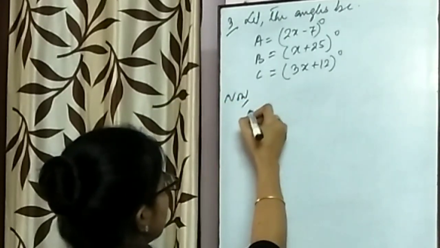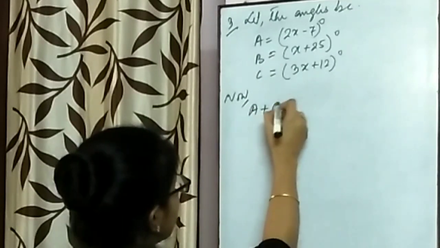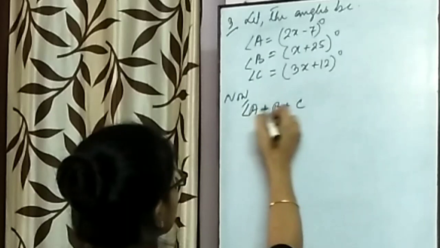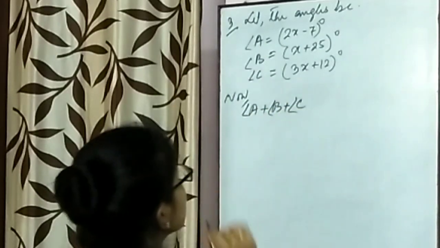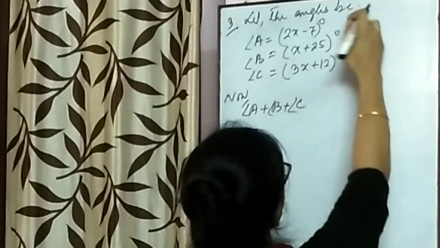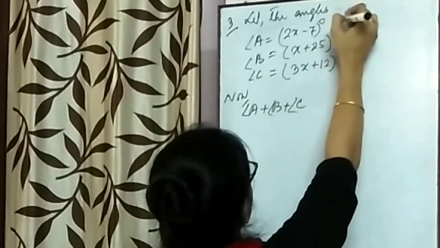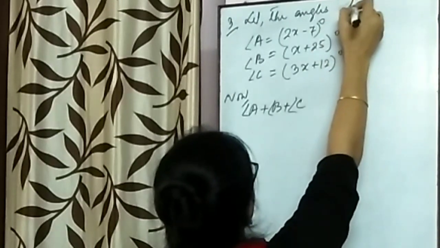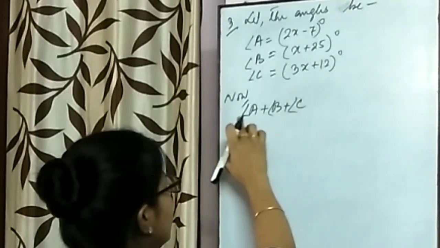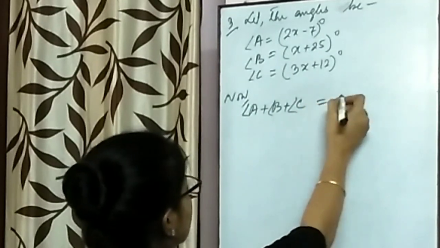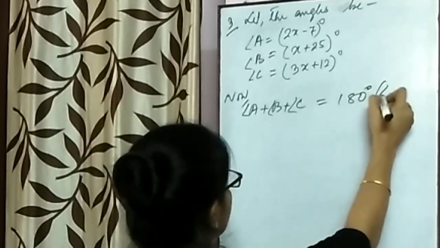Now again by angle sum property, angle A plus B plus C is equal to 180 degrees.